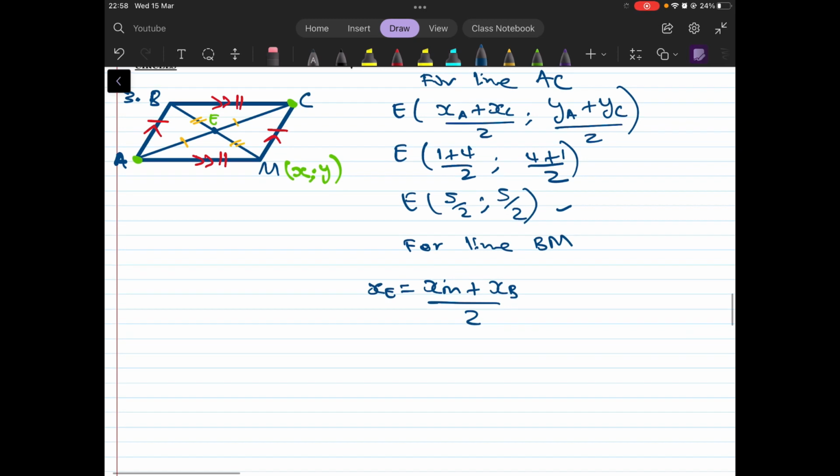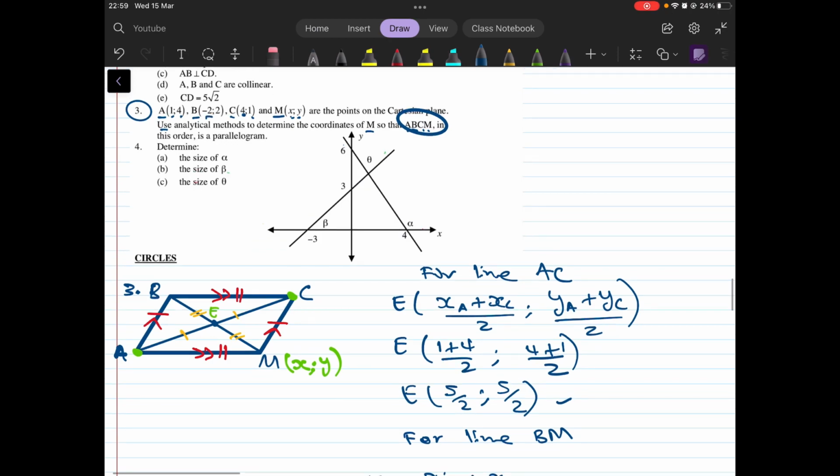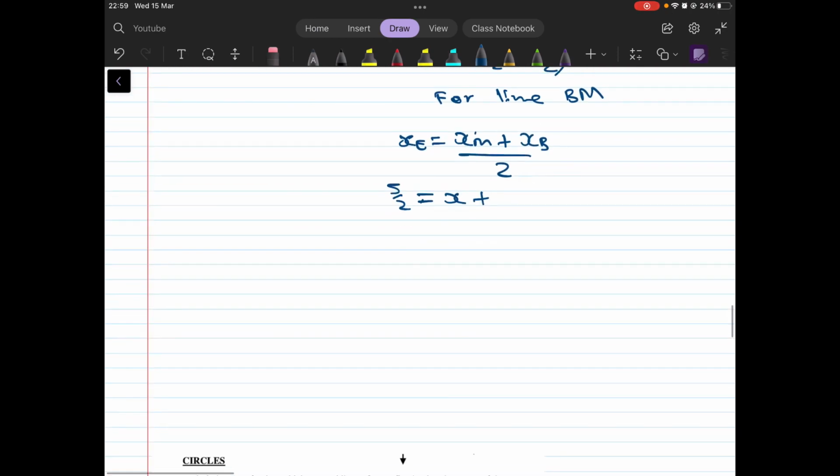XE, you know, is 5 over 2, and that is equal to X plus XB. XB, you can go back, is -2, so 5 over 2 equals (X minus 2) divided by 2. Then from here you can solve: X equals 7. I hope that is clear.